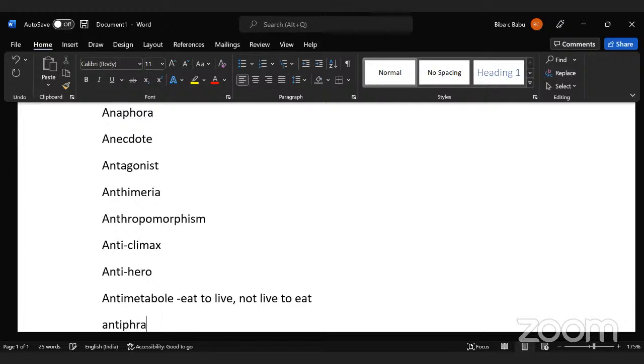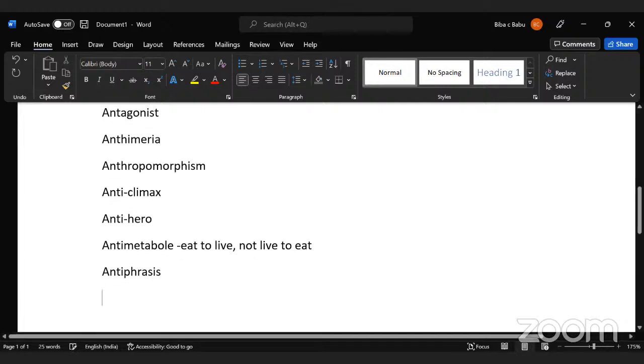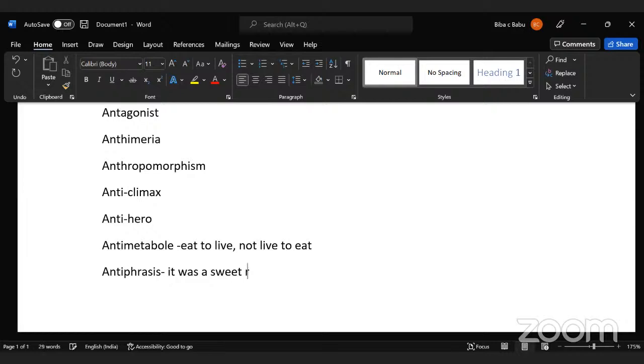antiphrasis. Antiphrasis is the use of a phrase or words in their opposite sense to the literal meaning. When you use a word to mean the opposite of the literal meaning, it is called antiphrasis. For example, it was a sweet revenge.